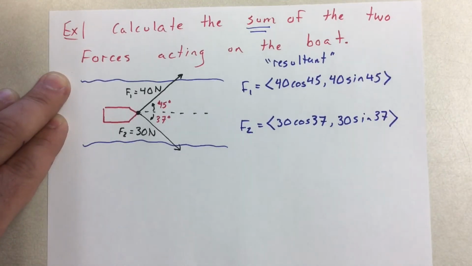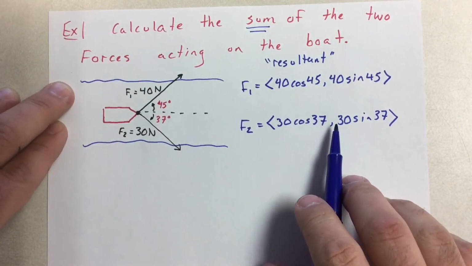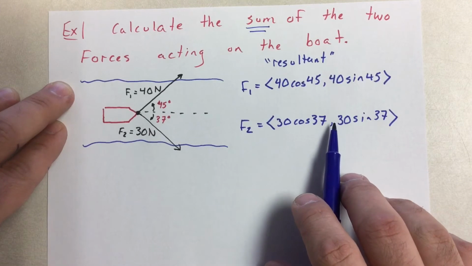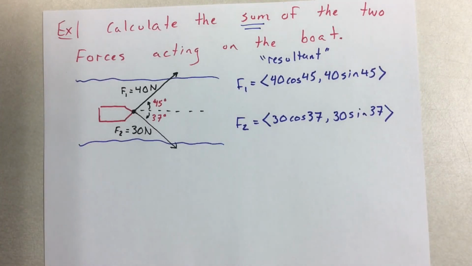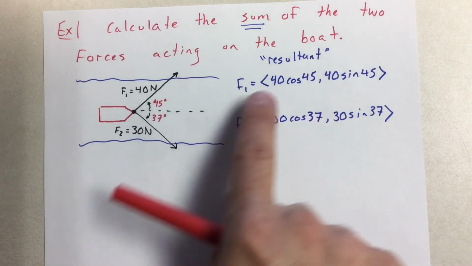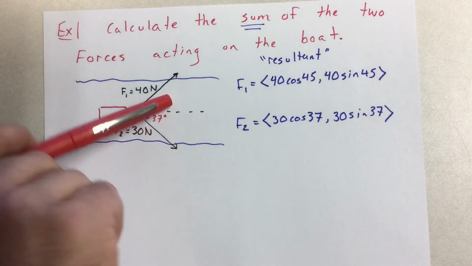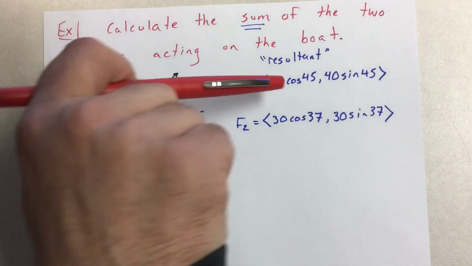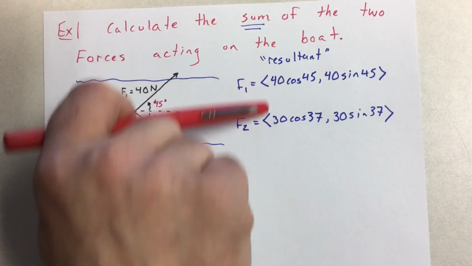And we're going to leave these as they are because we prefer exact values rather than approximates. Approximates get us further away from what's actually happening. Now I want to say here, before moving on, the horizontal components, because our boat's going to be going this way, both are positive.